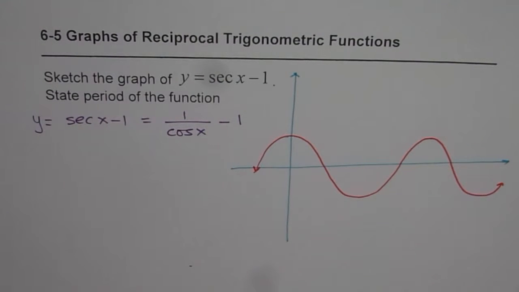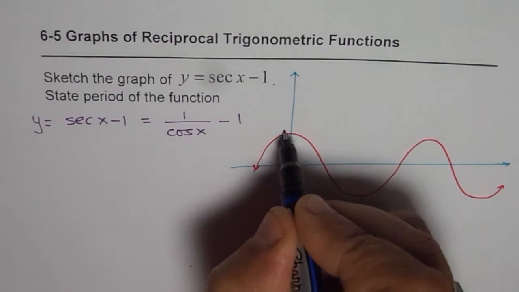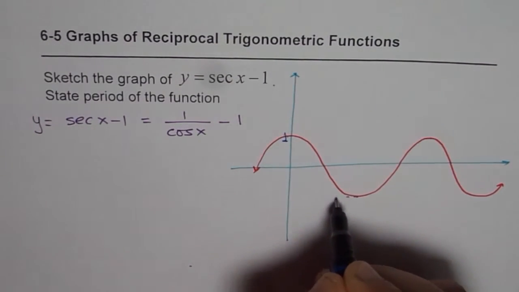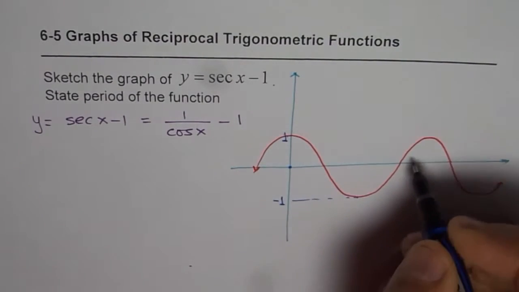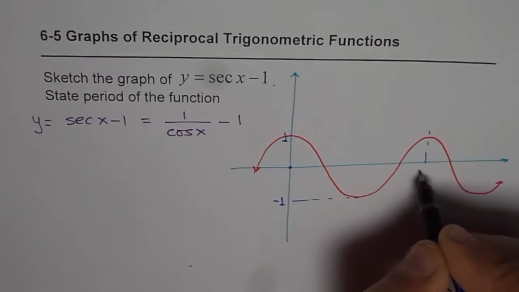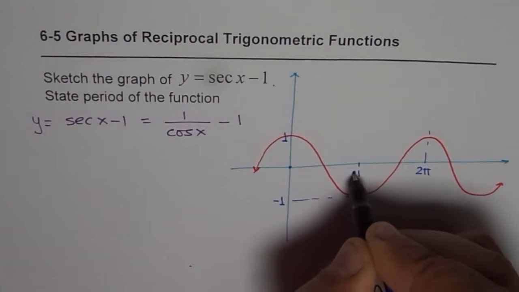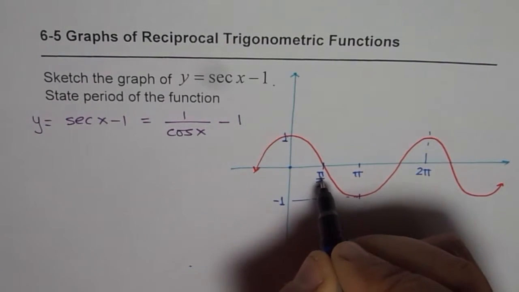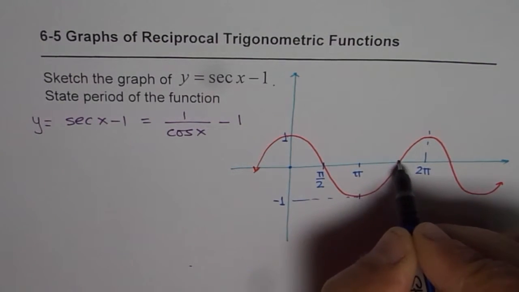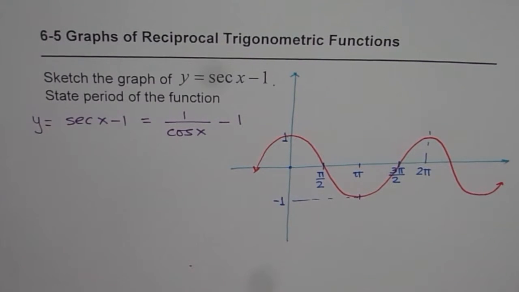Now for cos x, as you know, it starts with a maximum value of 1, so this is 1 for us, and the minimum is minus 1. The time period for cos x is 2 pi, perfect. So now we can say half of 2 pi is pi, half of that is pi by 2. 1 pi by 2, 2 pi by 2, and this is 3 pi by 2 for us, correct?